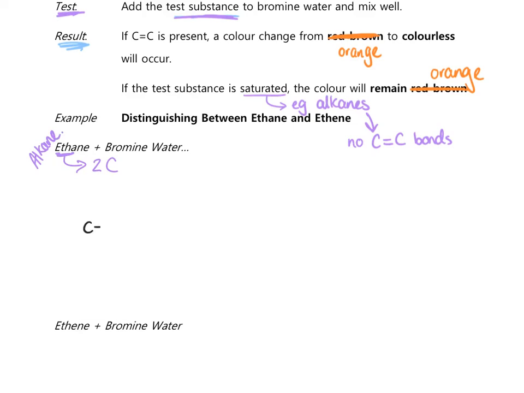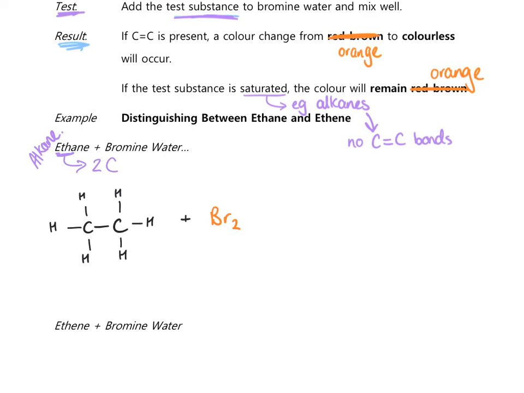Remember, alkanes have single bonds between the carbon atoms, and so let's think how many other bonds we'll need. This carbon will need 3 other bonds, and this carbon will need 3 other bonds, and we'll put hydrogen at the end of those. Okay, if we were to add bromine into this, now bromine is Br2, remember it is diatomic.